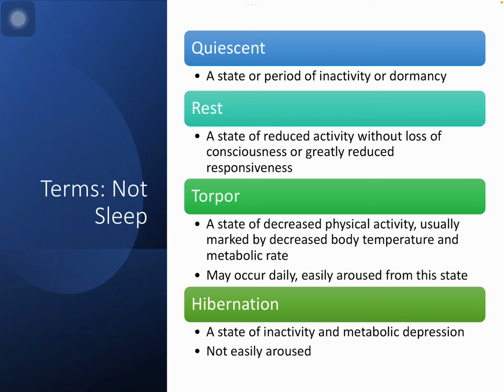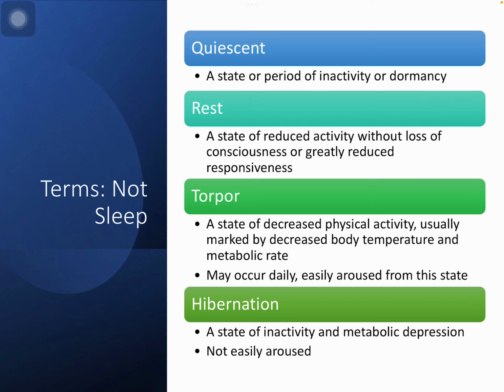Next, we have rest, and this is that reduced activity, but we don't see any loss of consciousness. We don't see that the organism is as responsive. And so this is kind of a step up from quiescence, but still considered a restful state and not quite at the stage of sleep.